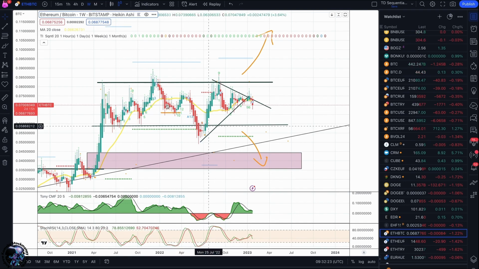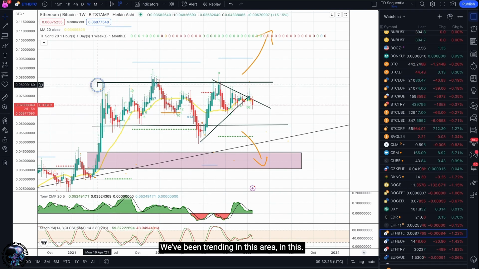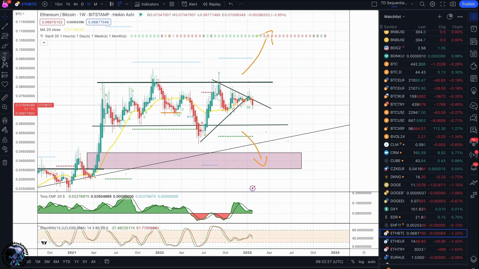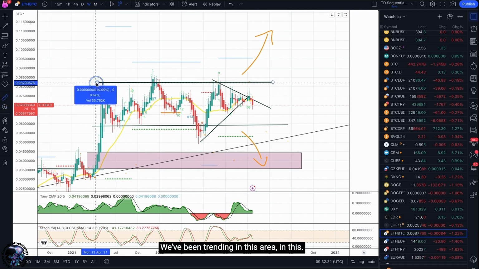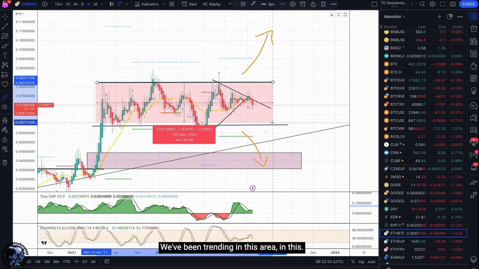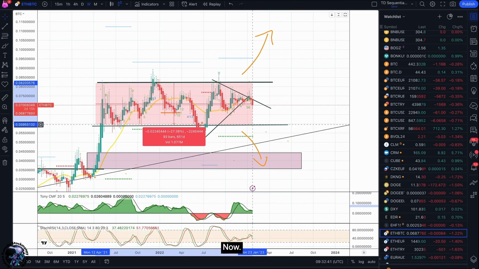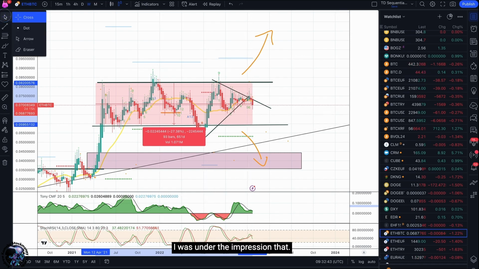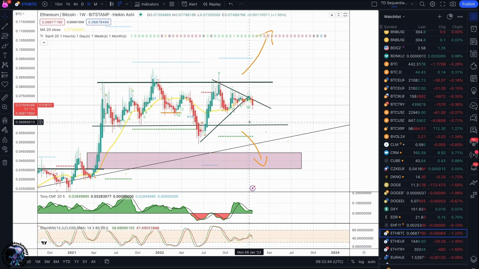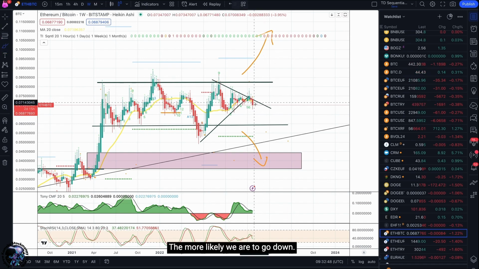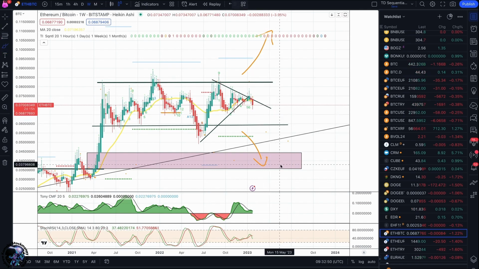Now, we've been trending in this area, in this pattern for about 2 years, guys. It's been a long time. Now, I was under the impression that the longer we take, the more likely we are to go down.